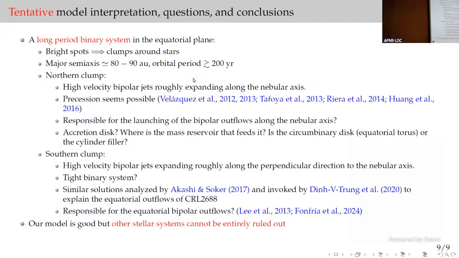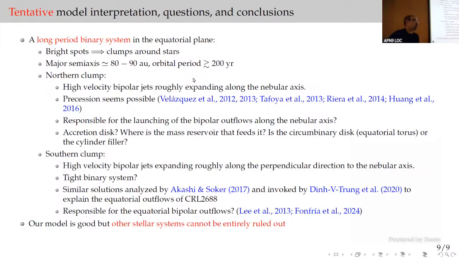Any questions? You mentioned that there are equatorial outflows as well. Are those consistent with the ejection of a disk? No, they are inside the disk. Sorry, what disk? For example, in common envelope evolution, you eject a disk, right?